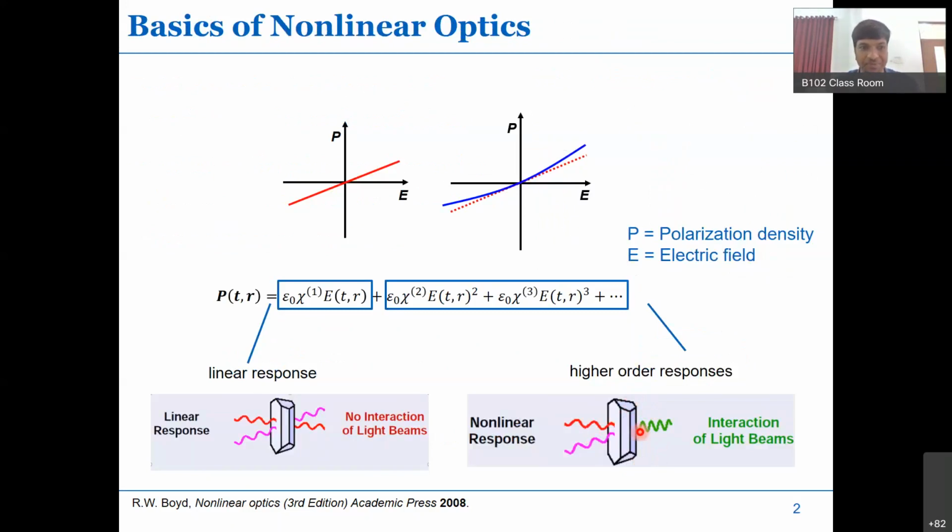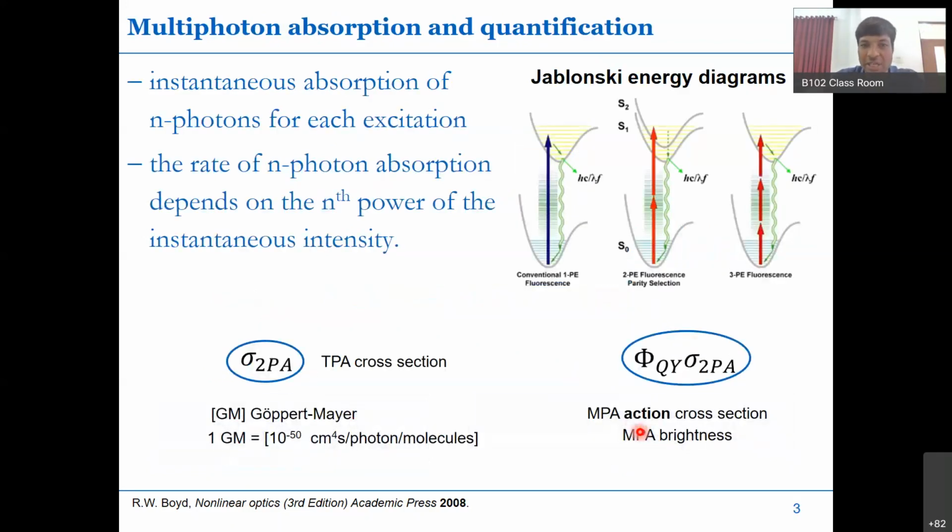So if you plot the same thing in the Jablonski diagram, most of the time you observe one-photon fluorescence, when your material absorbs only one photon, which has high energy, and produces a lower energy photon. But once you have more than one photon, either two photons, or three photons, even four photons, which we'll briefly discuss today, then the material can absorb multiple photons and still emit higher energy light.